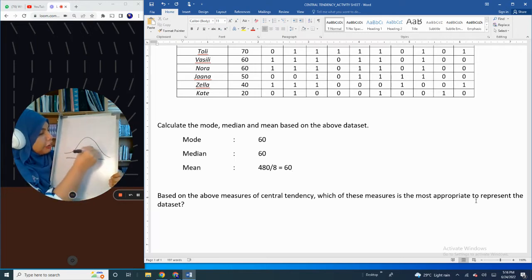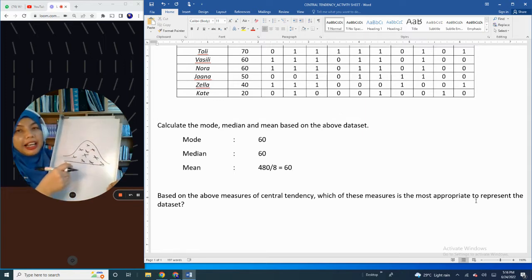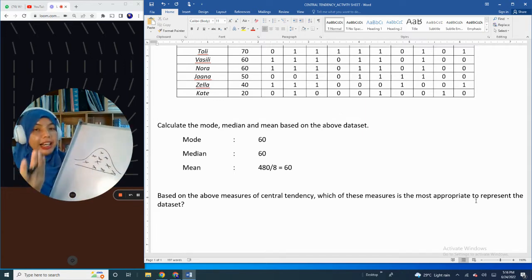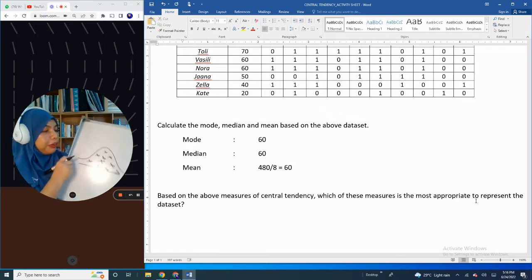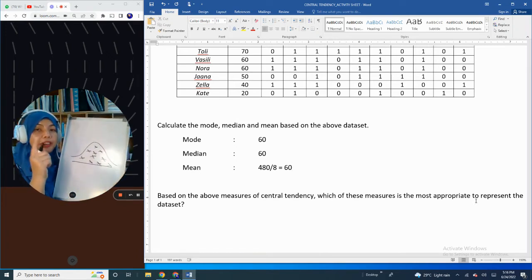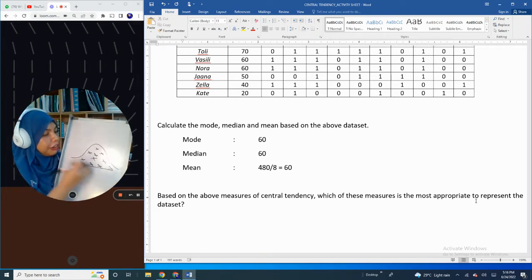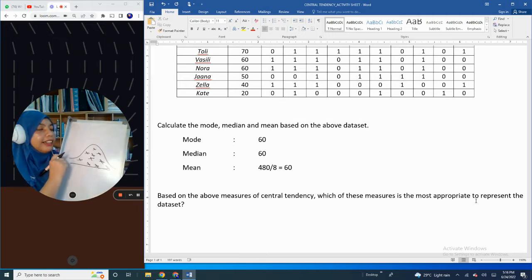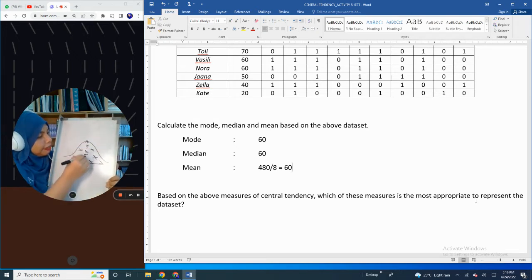We have 8 scores here. I'm not even counting how many X we have, so just assume one X is one student with one score. We want to find one value that we can use to represent all the scores within this data set, and that value is located here. This is what we call a measure of central tendency.